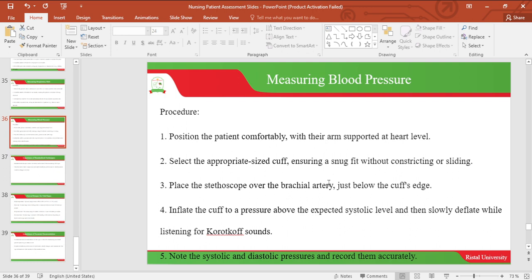Then the systolic and diastolic blood pressures are read and then recorded accurately.